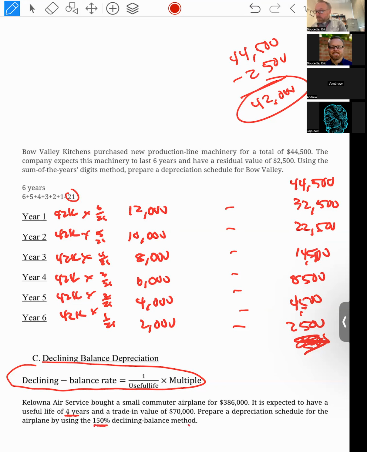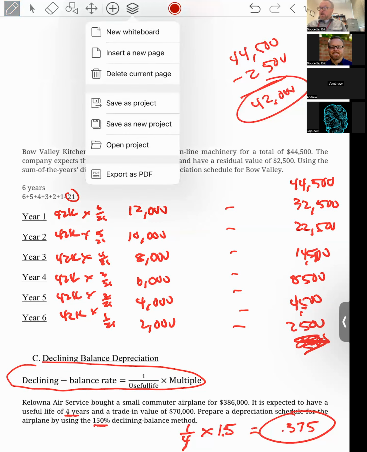So we would take 1 divided by the useful life times 1.5, or 150%. You have to convert it to a decimal first. Equals 0.375. So this is now your declining balance rate, 0.375. All you do is basically use the formula to create the rate, and then I'll show you how to use the rate.